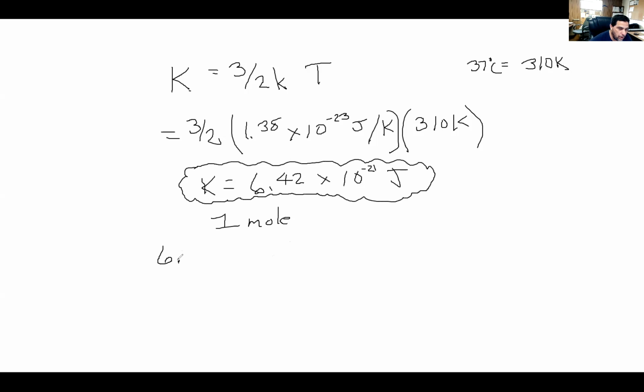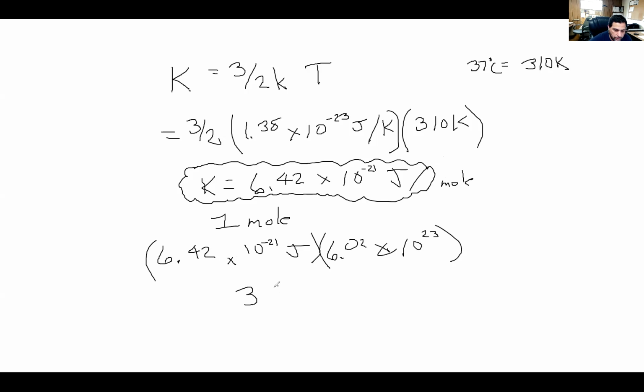Okay, so to go from joules per mole in 1 mole, we use Avogadro's number, 6.02 times 10 to the 23rd molecules per mole. So really, this should be joules per mole. And in the molecule, there's 3,860 joules of kinetic energy in an ideal gas.